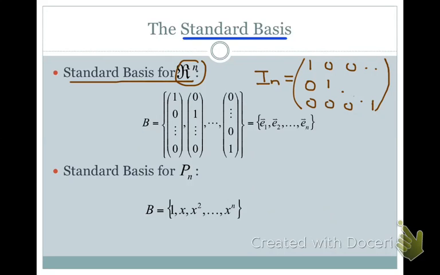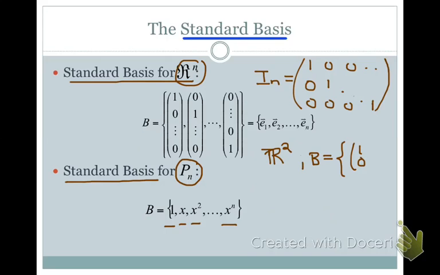We also have a standard basis for the set of polynomials P sub n. Notice that those are made up of 1, x, x squared, all the way up to x to the n. So if we were thinking about the standard basis for, let's say, R2, then the standard basis for R2 would contain the columns of the 2 by 2 identity.